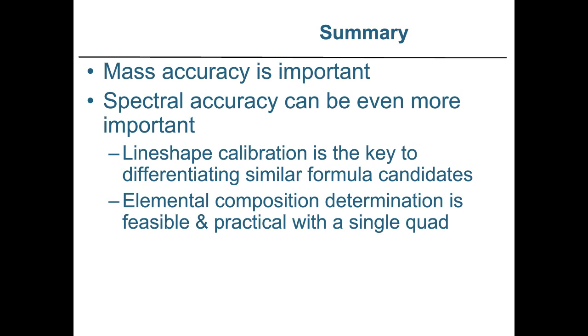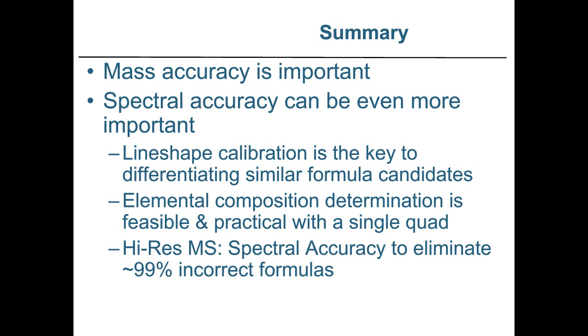And the elemental composition determination, with this approach, is both feasible and practical for routine use on a single quad. Again, I emphasize, it does not replace a high-resolution instrument, but it adds significant value to routine work on a low-resolution instrument, which could not otherwise be done.